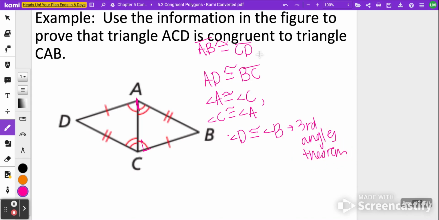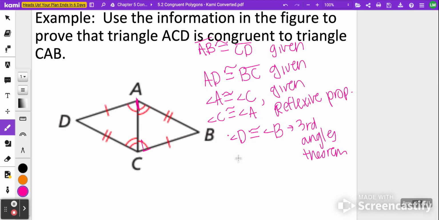Okay, so AB is congruent to CD, that was given. AD is congruent to BC, that was also given. A is congruent to C, that's given. Technically, you can say C is congruent to A just by using the reflexive property. Okay.